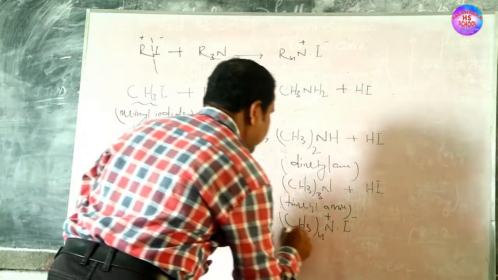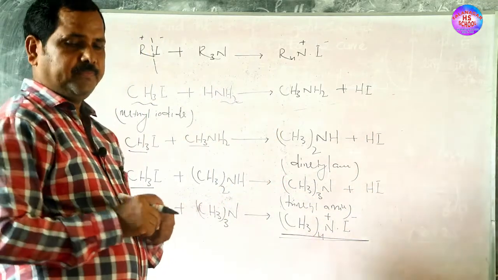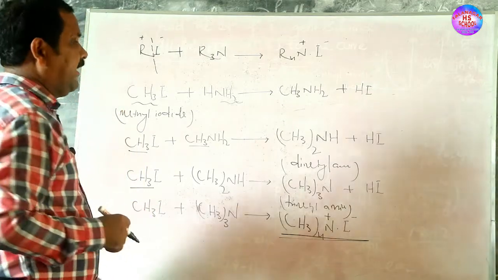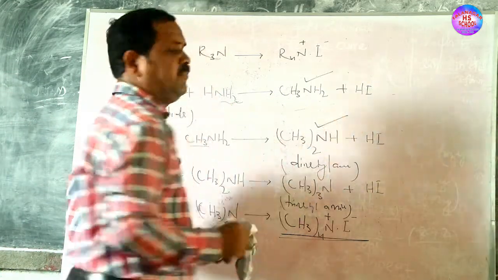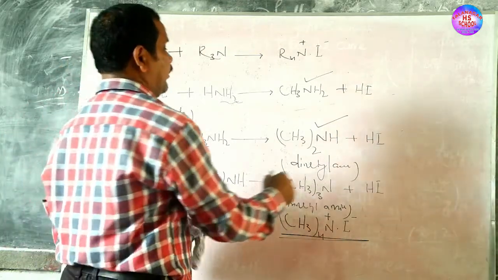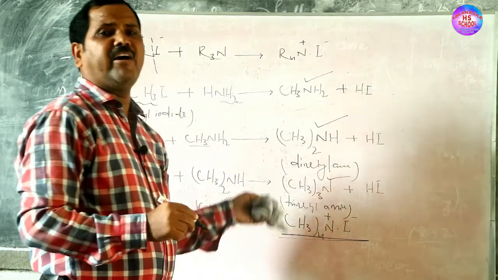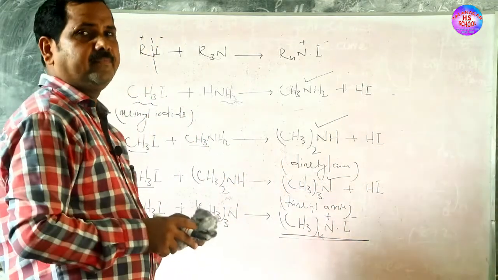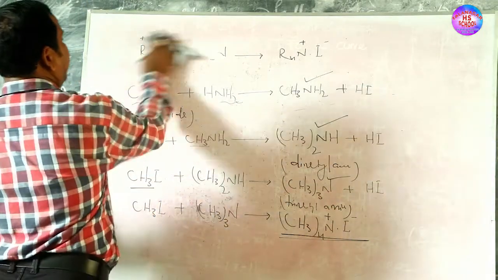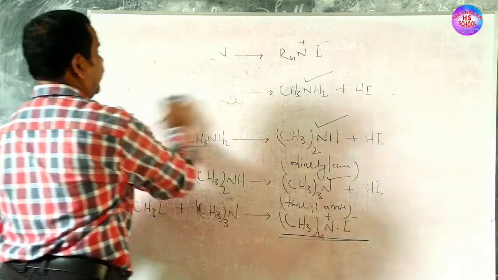So it is called a quaternary ammonium salt. So in this reaction we get 4 types of products: methylamine, dimethylamine, trimethylamine, and finally tetramethyl ammonium iodide. It is the reaction of alkyl halides with ammonia.